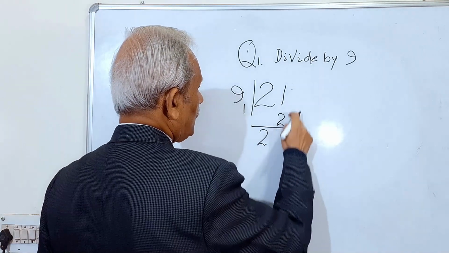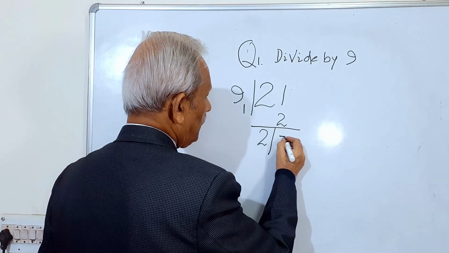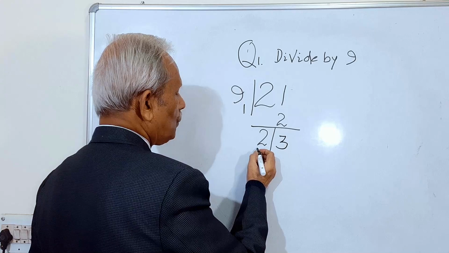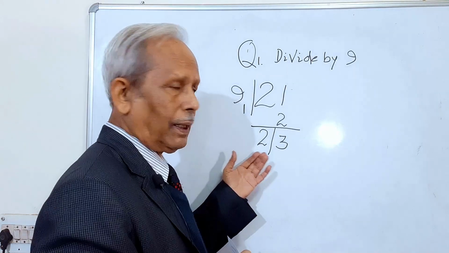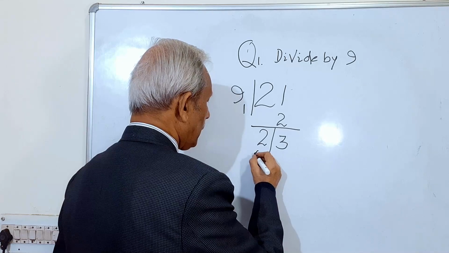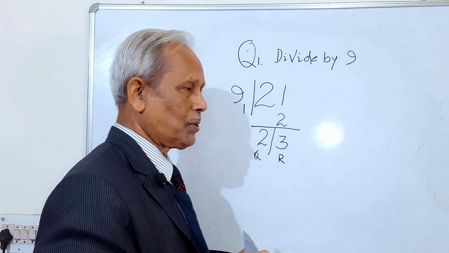Add this, 2 plus 1, 3. 9 does not go into 3, so 3 will remain as it is. So here 2 is the quotient and 3 is the remainder. I hope you have understood it.